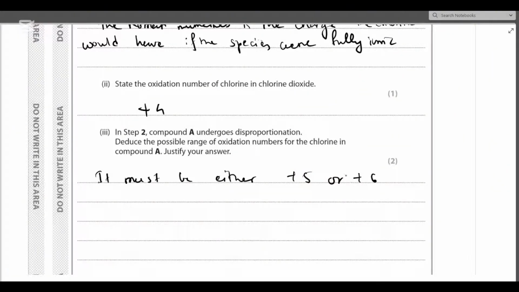Why is it the case? Because it must be between +4 and +7. Now +4 is obviously not possible because that's the initial oxidation number before the reaction.